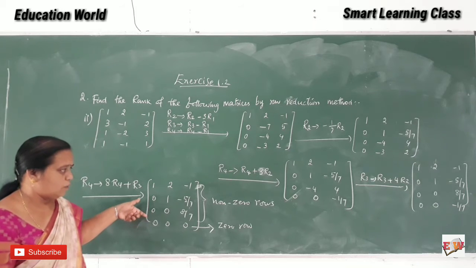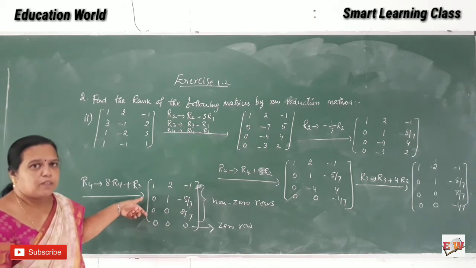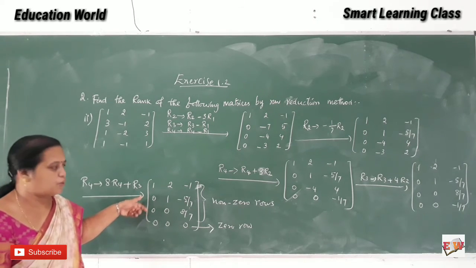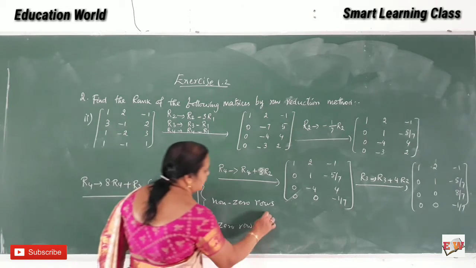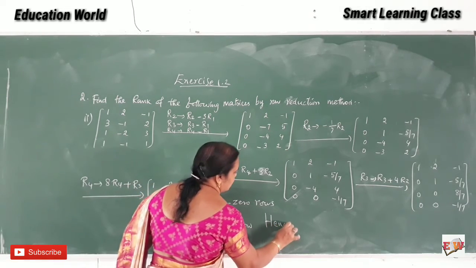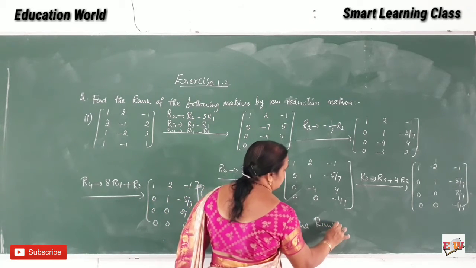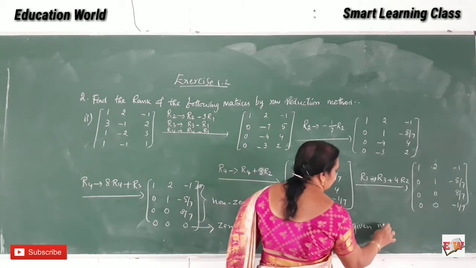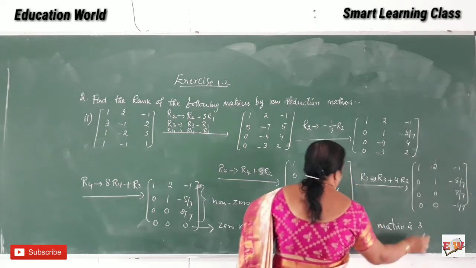Okay. One more condition. What is that? In row echelon form, the rank of the matrix is the number of non-zero rows. Here 3 non-zero rows are there. Hence the rank of the given matrix is 3.